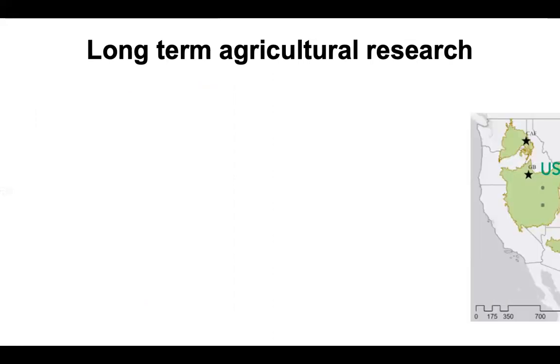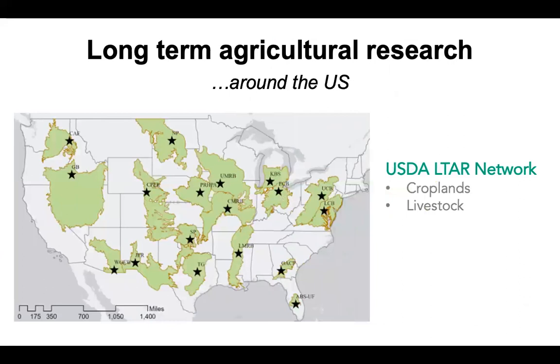Now, long-term agricultural research is clearly not just at Mizzou. Like I said, there's some at University of Illinois, there's some other places, but the USDA liked it so much that they set up their own long-term agricultural research network, or LTAR network, here in the US. And you can see that they have sites kind of all over the US.